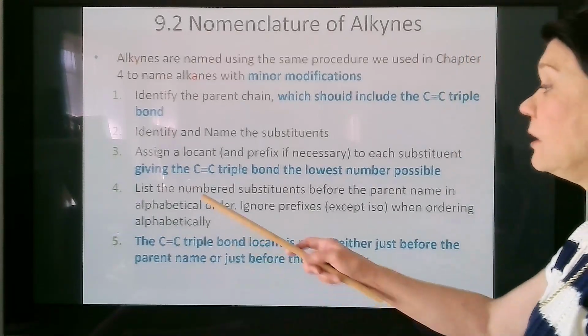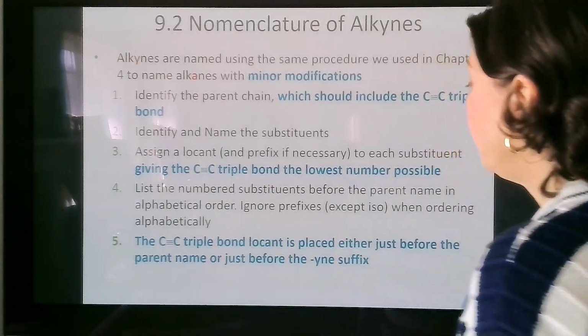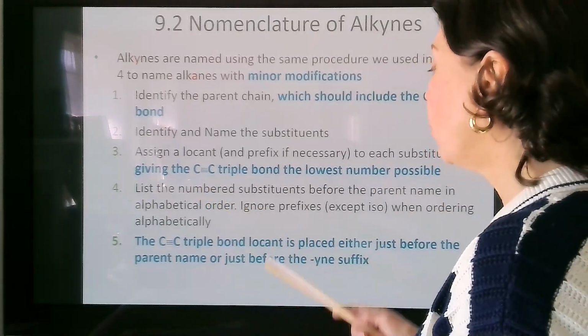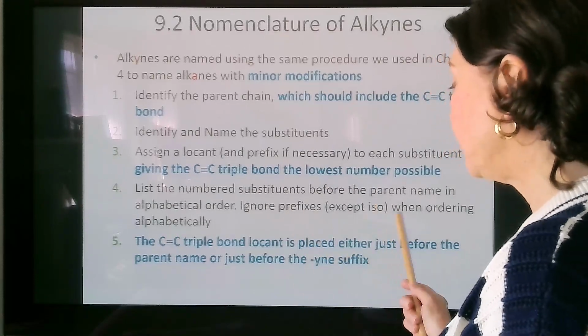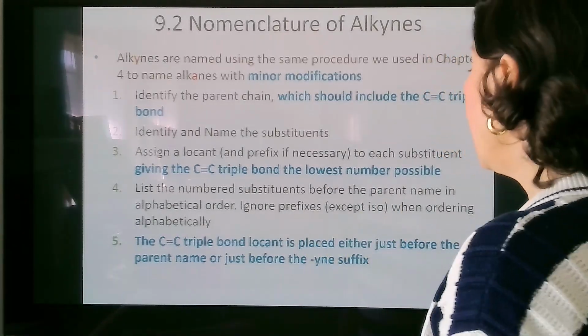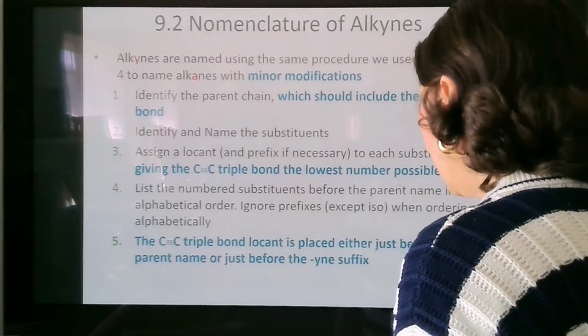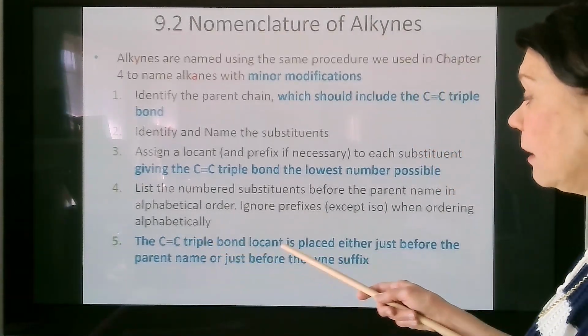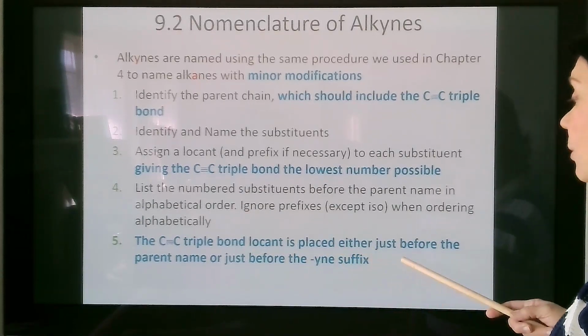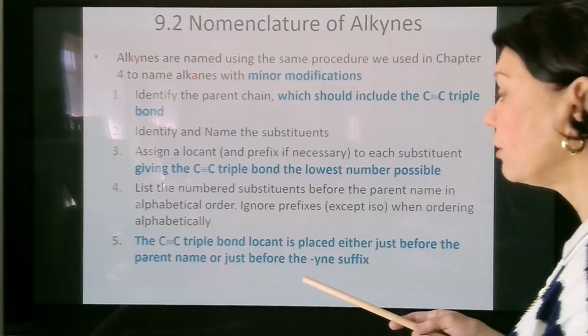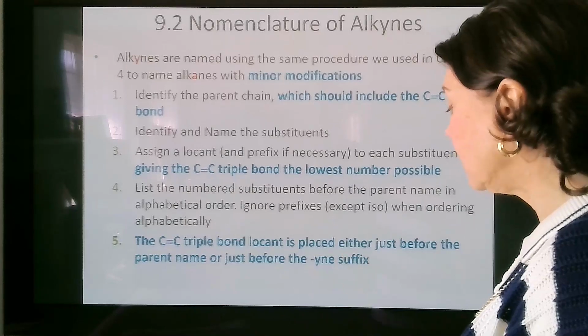Then you list the numbered substituents before the parent name in alphabetical order, ignoring the prefixes except iso and neo when ordering them alphabetically. The carbon-carbon triple bond locant is placed either just before the parent name or just before the YNE suffix.